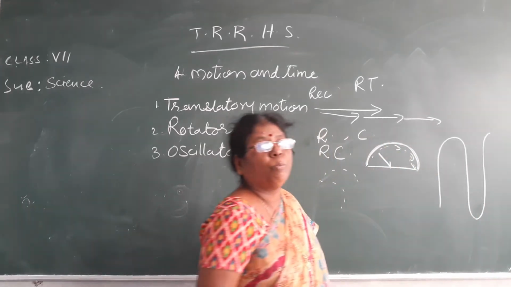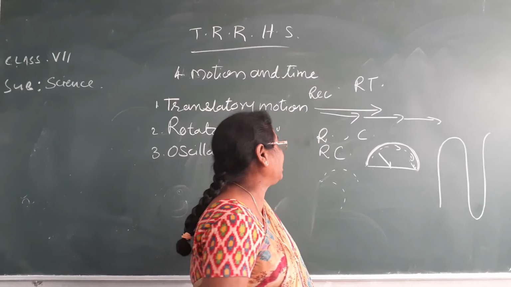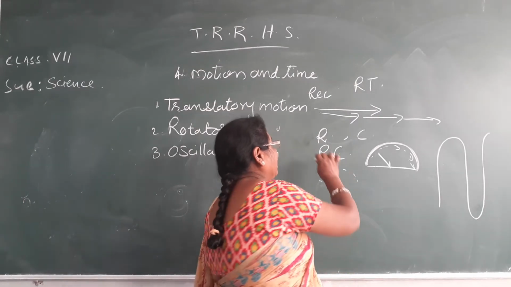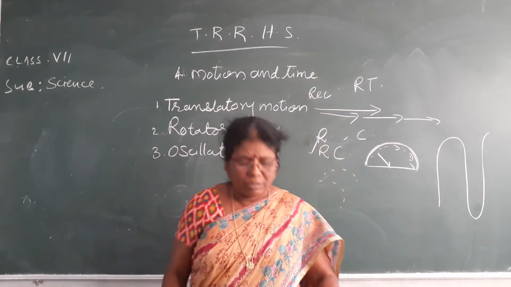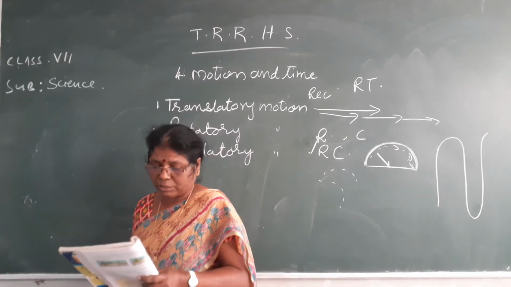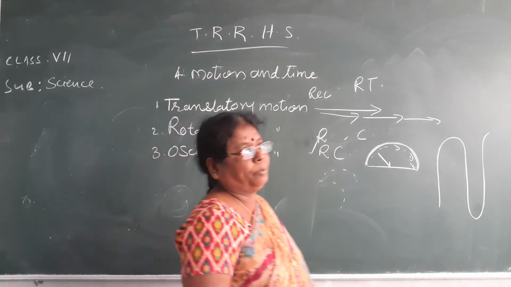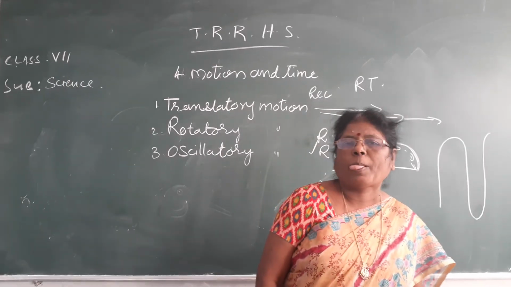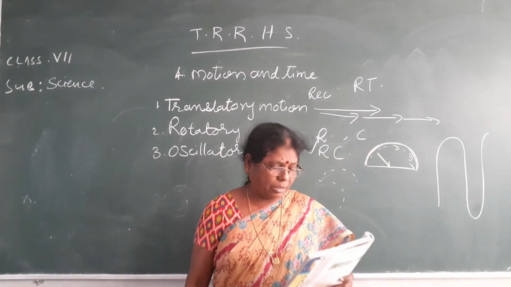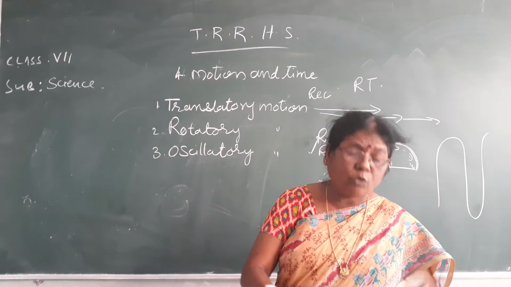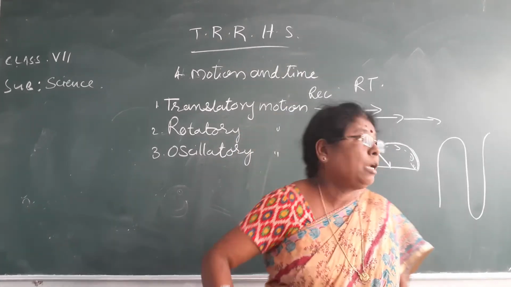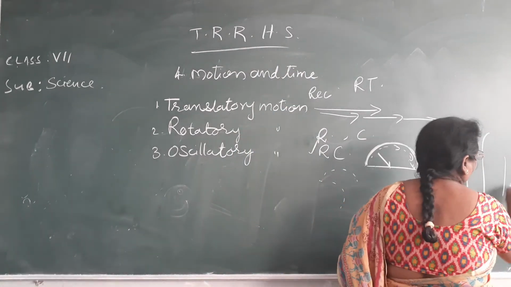So both rectilinear and curvilinear motion are there. Motion of coins on a carrom board, rectilinear motion. Mango falling from a tree.